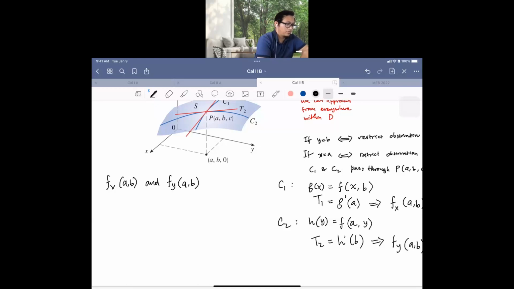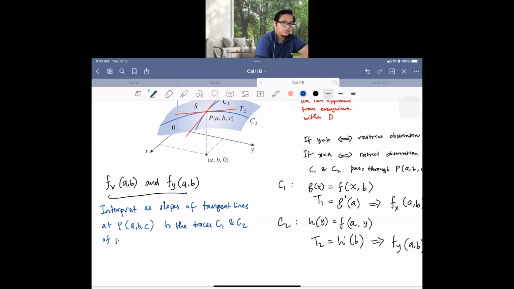So let me write here, interpret as slope of tangent lines at P to the traces C1 and C2 of surface S in planes y equal b and x equal a.